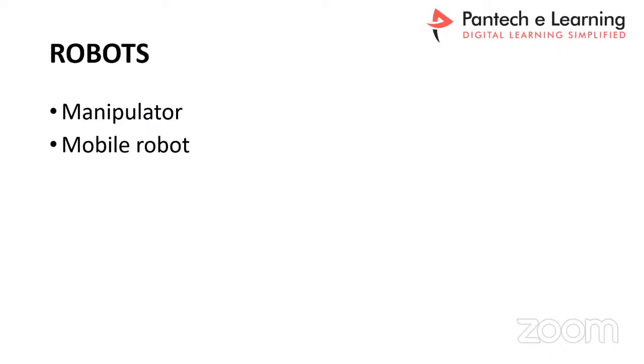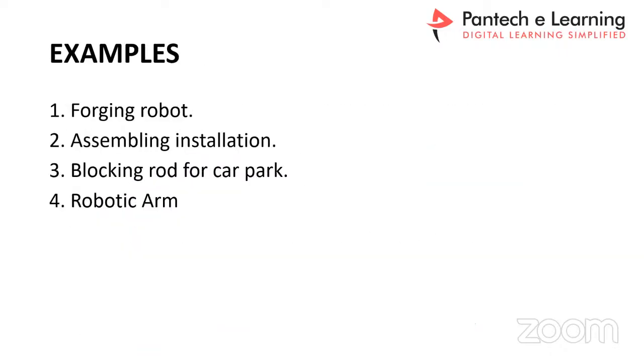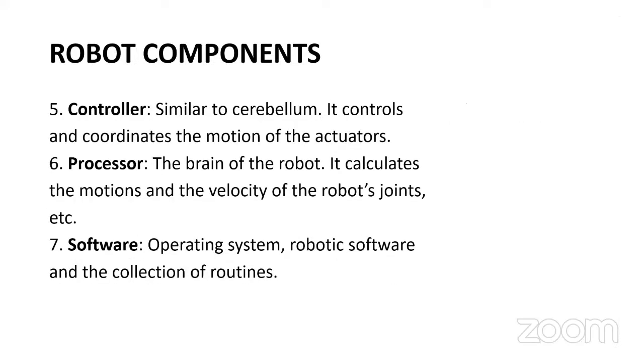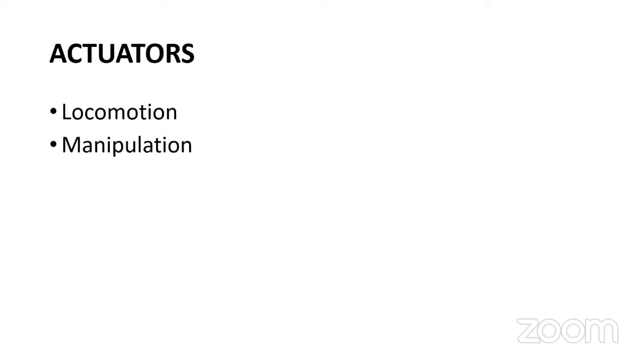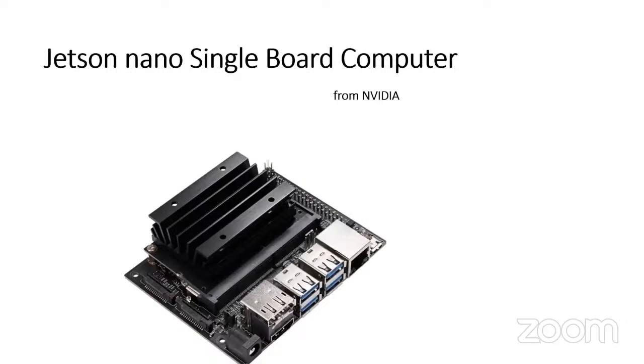Then about robots. These are all general information about robots. We don't need to go through all this because these are basic robot things. So tomorrow, in the third session, we will learn about the single board computer called Jetson Nano.